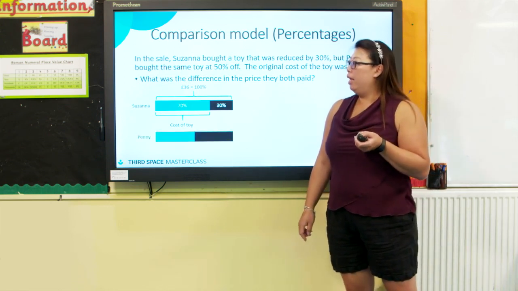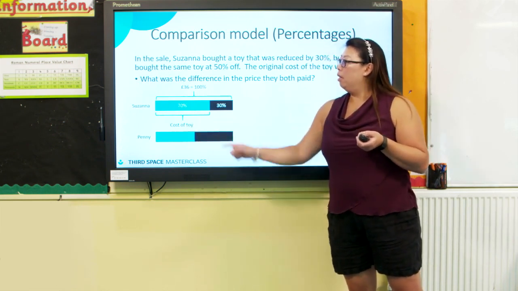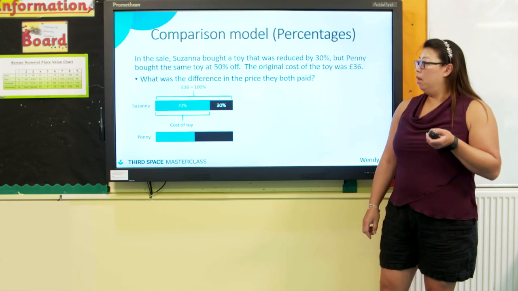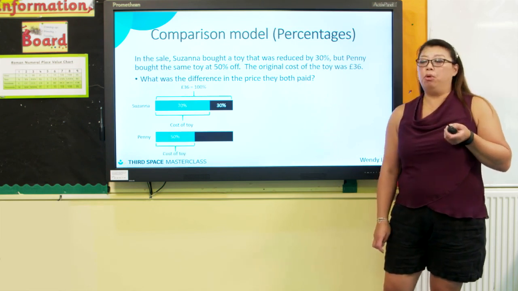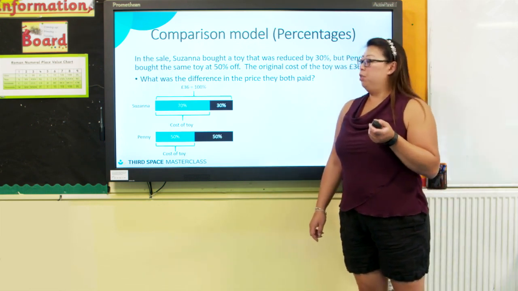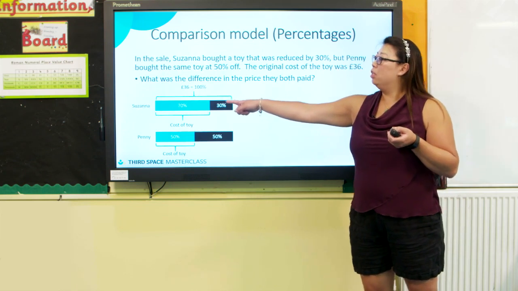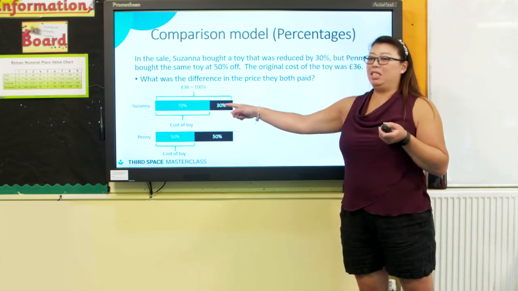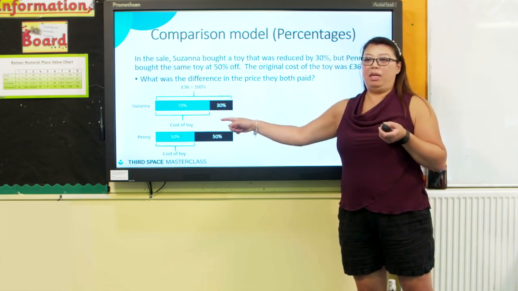Okay, in the same way, we have Penny, the same size bar, representing the 100% cost of the toy, but she only paid 50% of the toy, which meant that it was reduced by 50%, a 50% discount. I tend to either shade in or use dotted lines to show that actually this part doesn't really exist in the question.